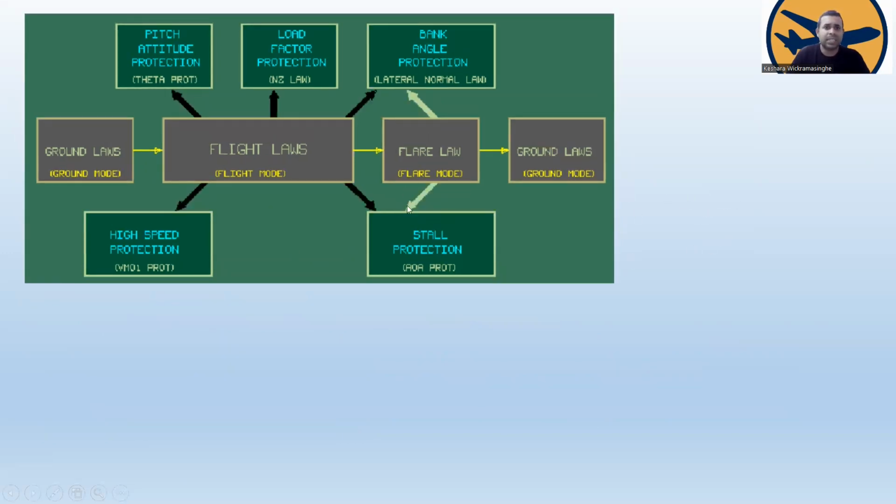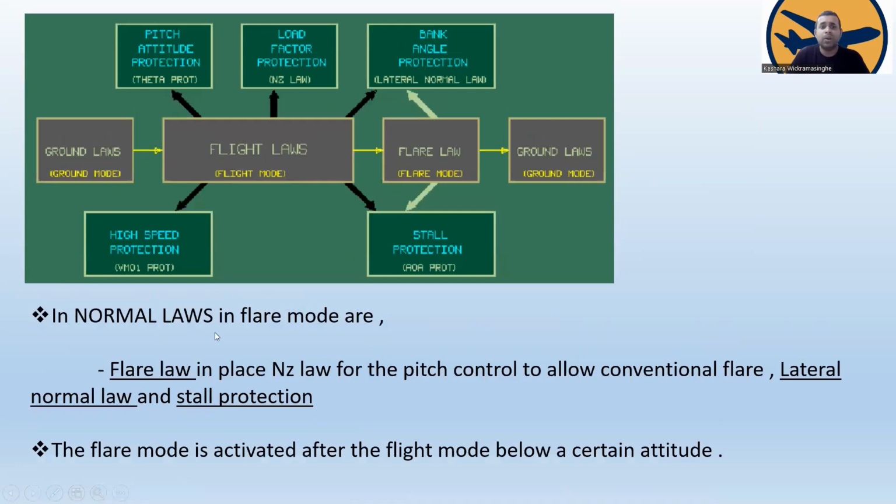Now you can see here the normal laws in flare mode. In flare mode, the flare law is in place of the NZ law, load factor protection, for the pitch control to allow a conventional flare, with lateral normal law and stall angle of attack protection.